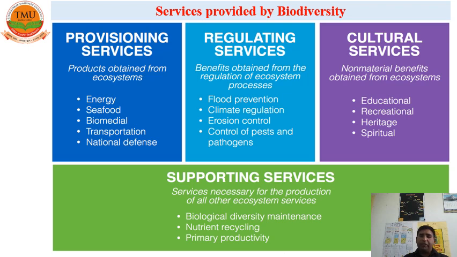These services are necessary for the production of all other ecosystem services, like maintenance of biological diversity. Scientists have shown that without maintenance of biological diversity, nutrient cycling, primary productivity, climate regulation, and several other things would not have been possible on this earth.